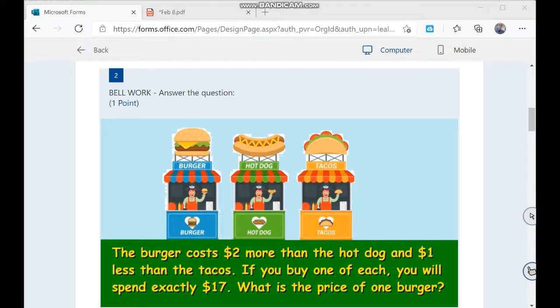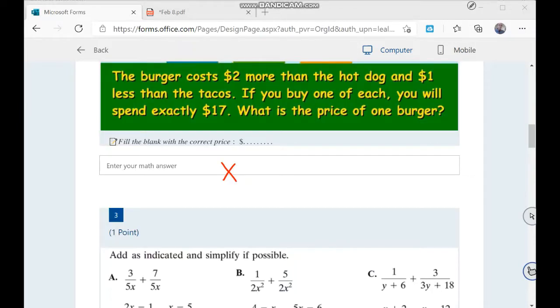Thank you, Kiara. Find the price of the burger: if the burger costs $2 more than the hot dog and $1 less than the taco, and you buy one of each and spend exactly $17, what is the price of the burger? X dollars is the price of the burger. If the burger costs $2 more than the hot dog, that means the price of the hot dog is x minus 2.